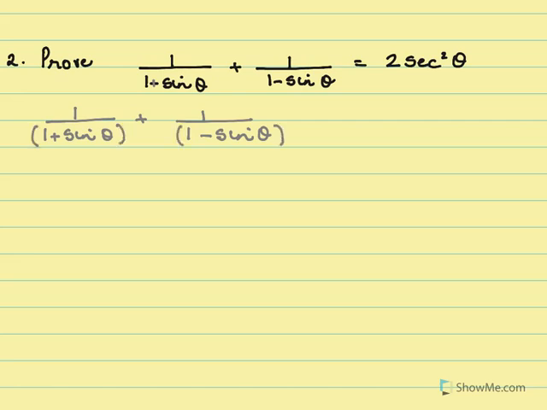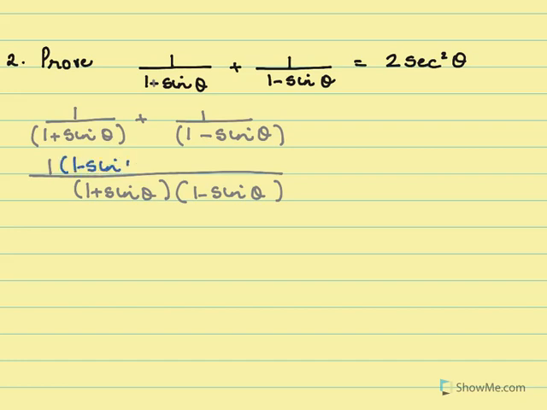So this will be the LCM: 1 plus sine theta, 1 minus sine theta. So you'll see that the numerator has to be multiplied now by 1 minus sine theta, because we're taking the LCM, plus 1. This numerator again will have to be multiplied by 1 plus sine theta.